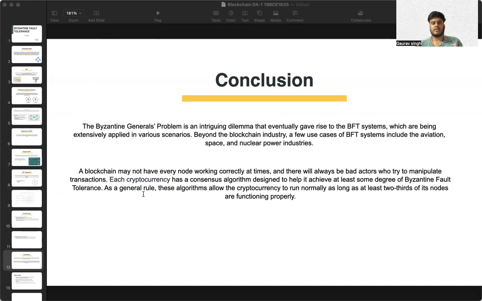Beyond the blockchain industry, a few cases of BFT systems are that they're used in aviation, space, and nuclear power industries. Within the cryptocurrency context, having efficient network communication along with a good consensus mechanism is vital for a blockchain ecosystem.